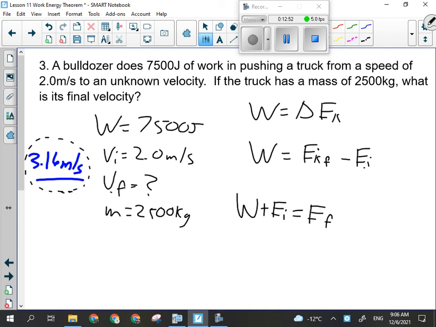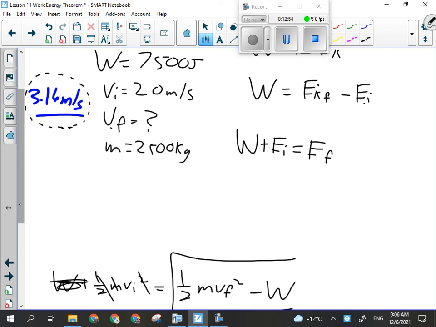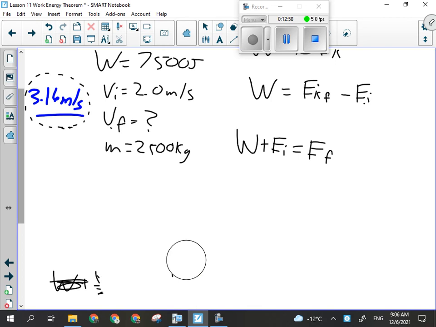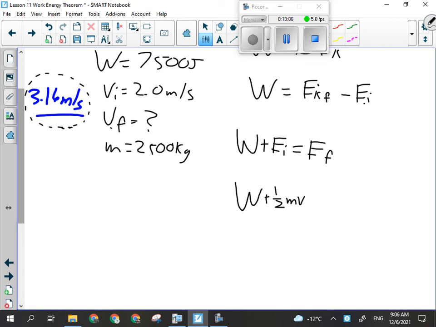All right, now I'll expand it out. We've got work plus 1/2 MVI squared equals 1/2 MVF squared.